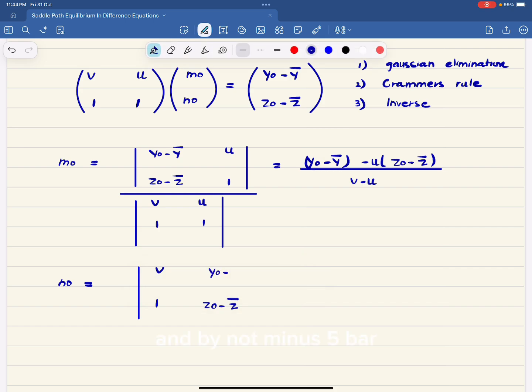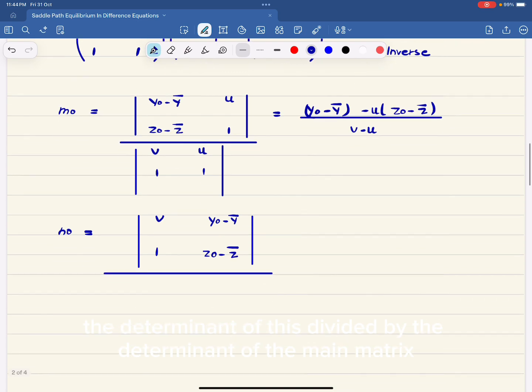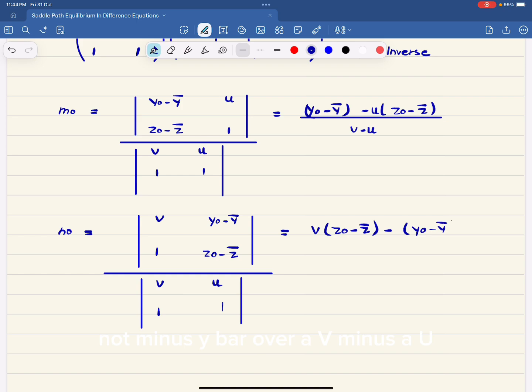And y naught minus y bar, the determinant of this divided by the determinant of the main matrix. So this is Cramer's rule. We take the determinant, and we're left with v into z naught minus z bar minus y naught minus y bar, over v minus u.